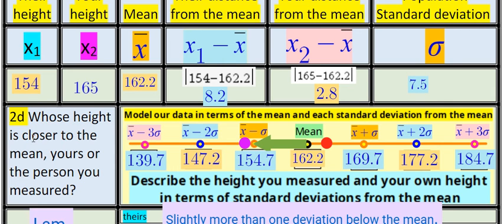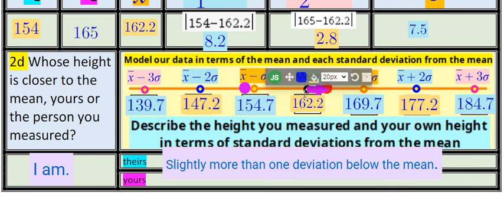And that describes that person with a height of 154 centimeters. And remember, our centimeters, our unit of measure for our standard deviation, is the same as the unit of measure for all our data points. We're measuring in centimeters, so everything that's happening is in centimeters.